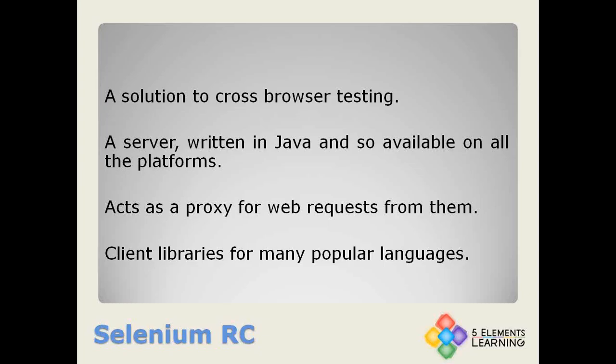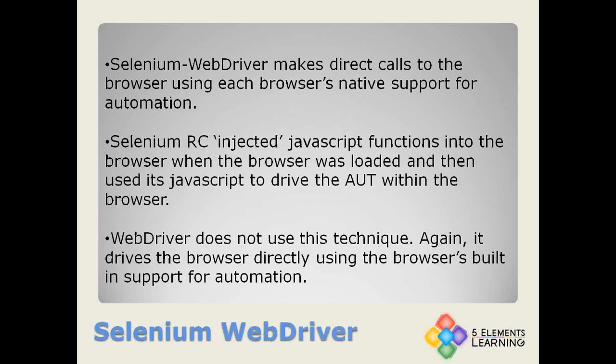In Selenium RC, a JavaScript engine is pushed into the browser to act as a proxy server, so that whenever we want to communicate with the browser, we communicate via this proxy server. So it's like a three-way handshake. We send a command to the proxy server, which processes it and sends it to the browser, which executes the command and sends back the result.